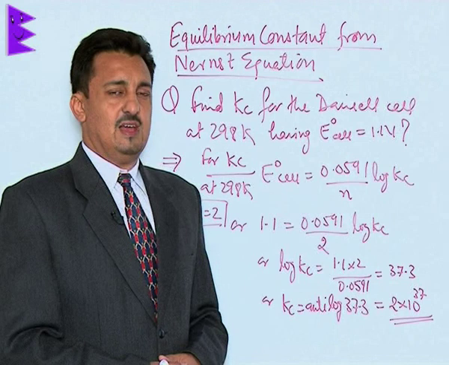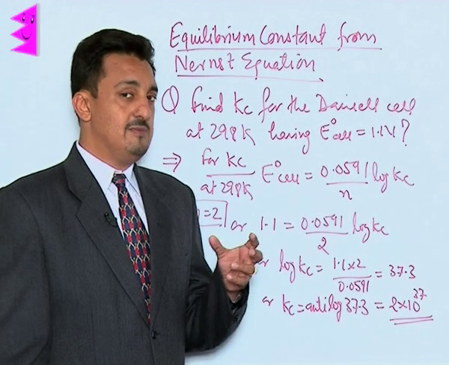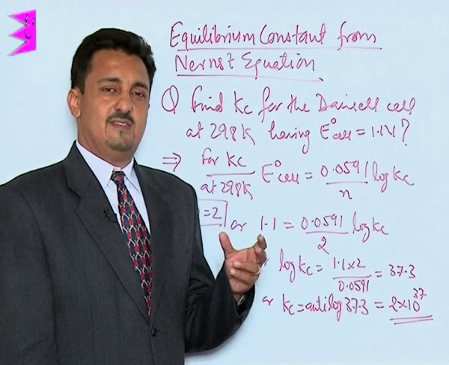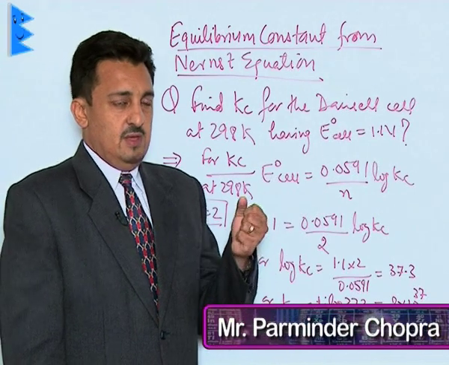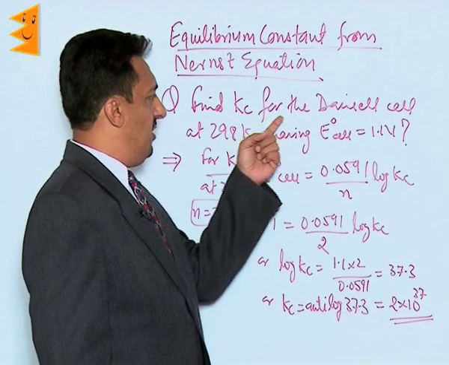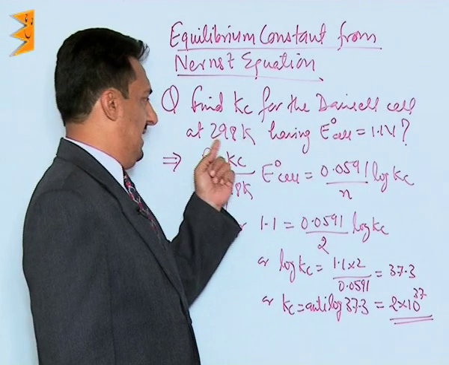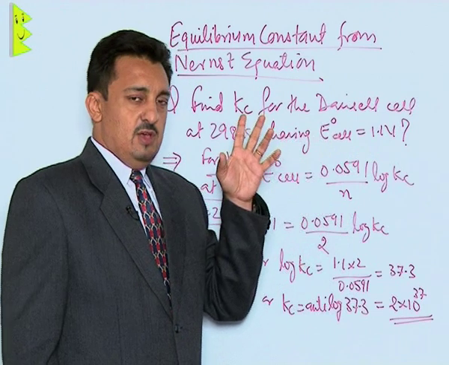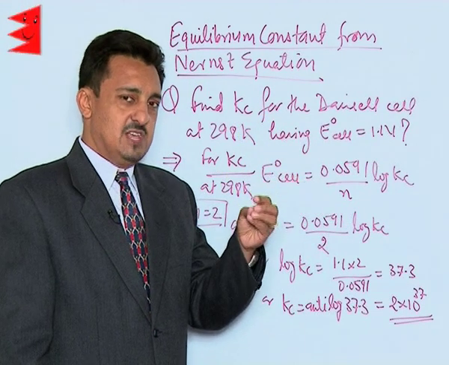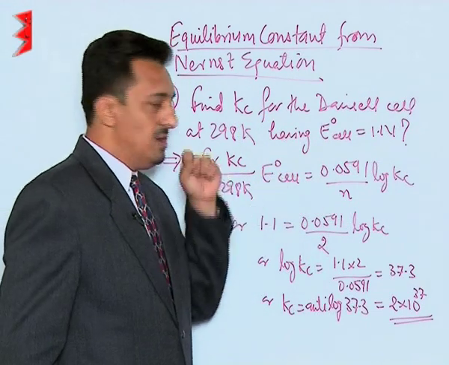Let us see a numerical on how we can find out the value of the equilibrium constant from the E naught cell value for any galvanic cell. The numerical is: find Kc for the Daniell cell at 298 Kelvin having E naught cell 1.1 volt. The E naught cell value is given, 1.1 volt.